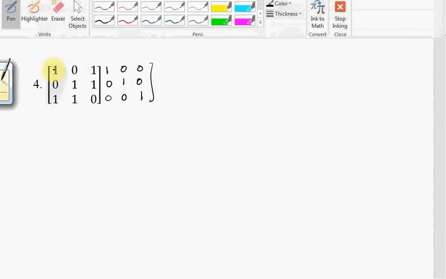So let's see. We take this 1 to get a 0, where that 1 is down there. So just say negative times row 1 plus row 3.